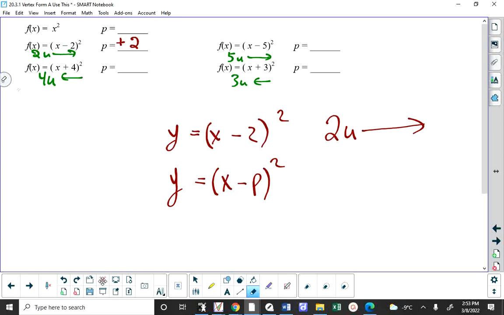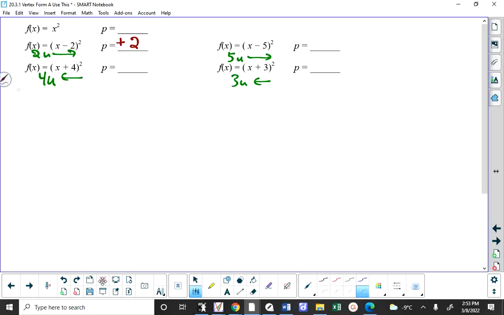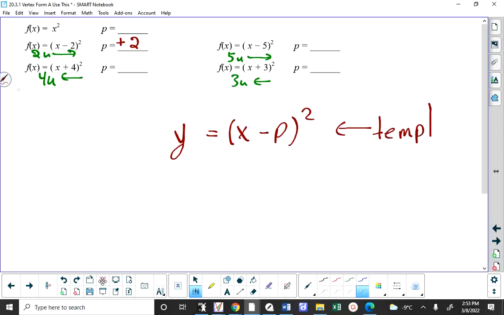Let's take a different one. Let's take (x plus 3) squared. So we have y equals (x minus p) squared. This is our template. This is what we always want to compare everything to. And we compare that to y equals (x plus 3) squared. What is p?